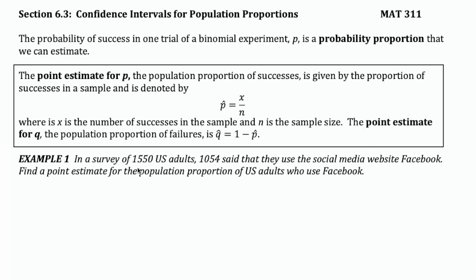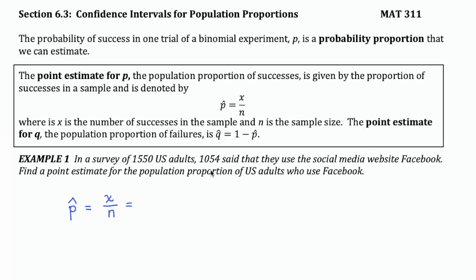Suppose we have a survey of 1,550 US adults, and 1,054 said that they use the social media website Facebook. Find a point estimate for the population proportion of US adults who use Facebook. So in order to calculate the point estimate, P hat, we just take the number of successes and divide it by the sample size.